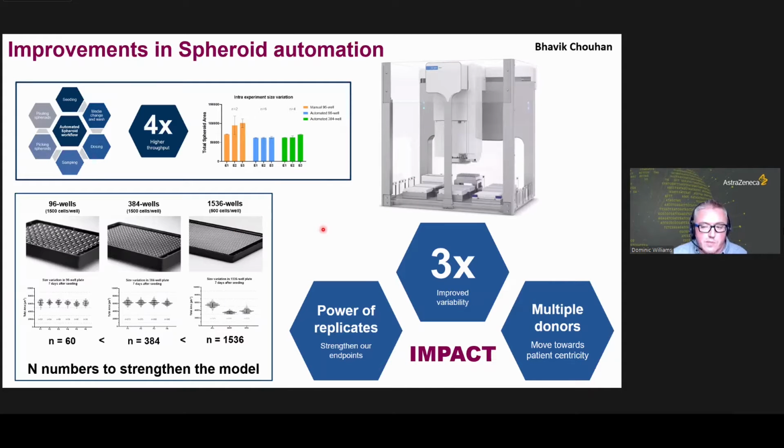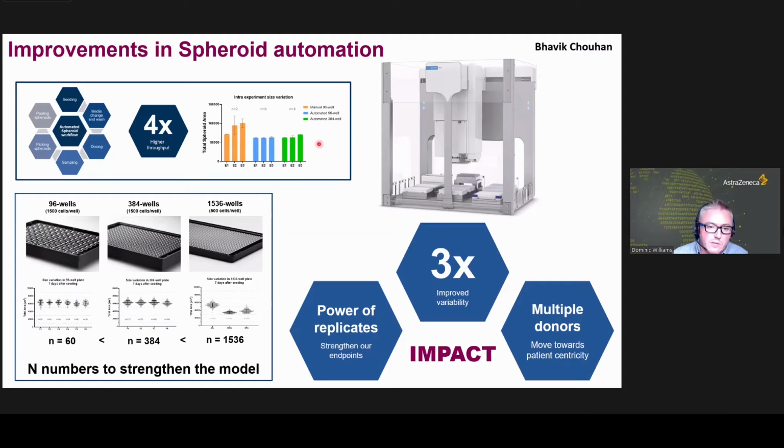Some of the stuff we've done previously, just to give you an idea of how we use spheroids within AstraZeneca, is we found that across my group, the different scientists were actually producing spheroids that were different sizes and different capabilities. So we wanted to normalize this somewhat. So we used a Bravo machine in order to get automated production of spheroids across seeding, dosing, sampling, picking, pooling, all of that.